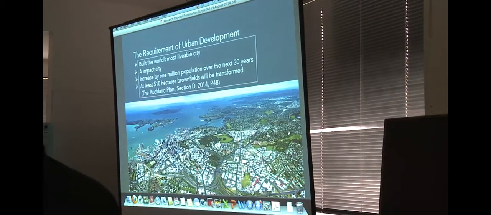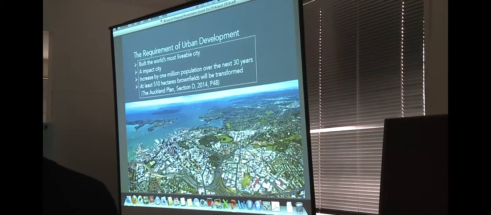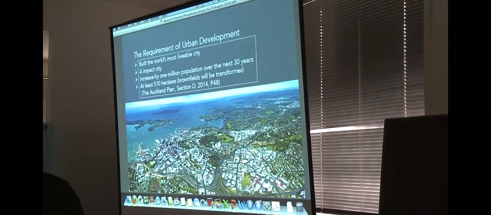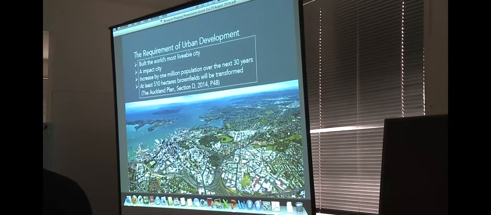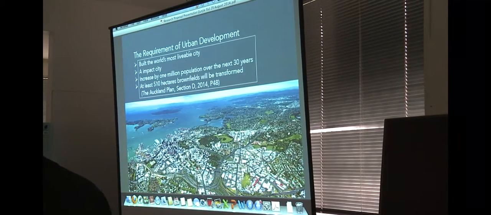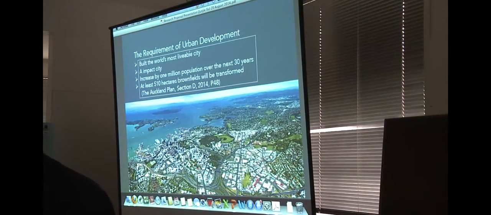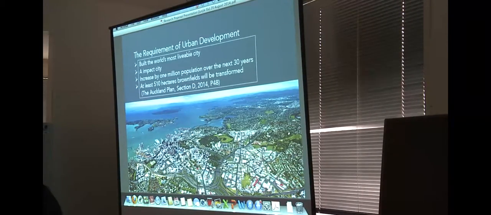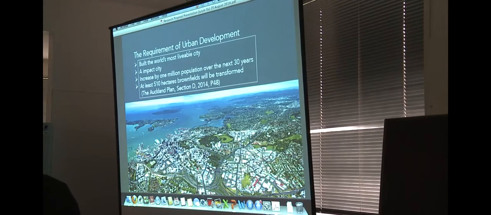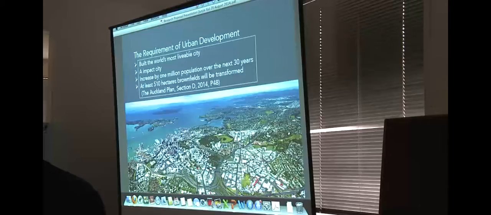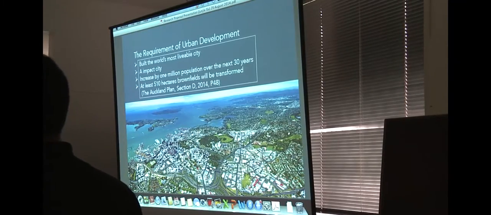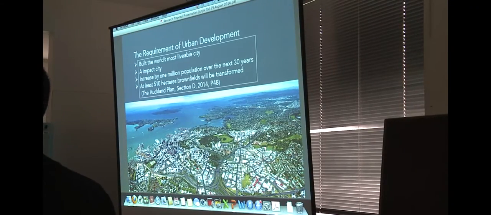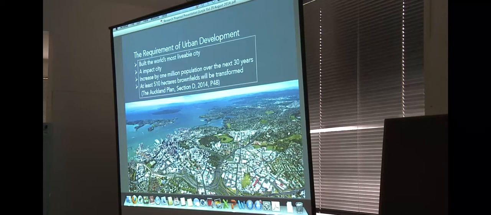According to the Auckland Plan, Auckland will be built into the world's most liveable city, and it will be a compact city as well. So there is a lot of potential for brownfield sites to transform in different ways and serve people, for business or residential purposes.